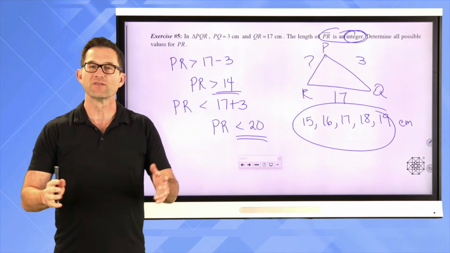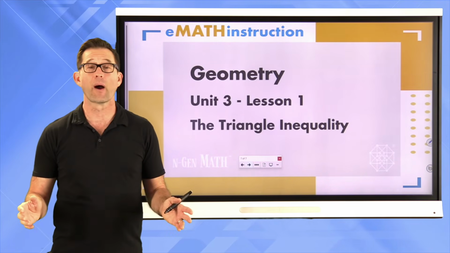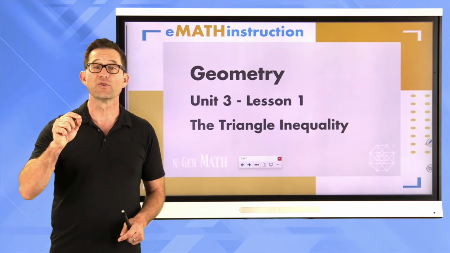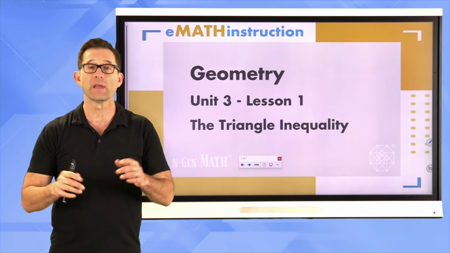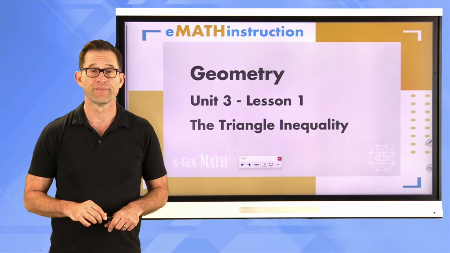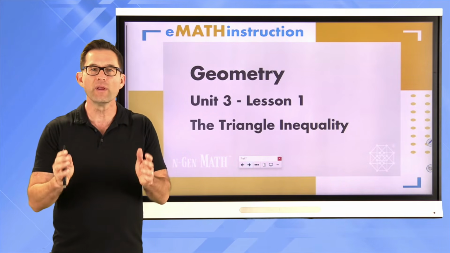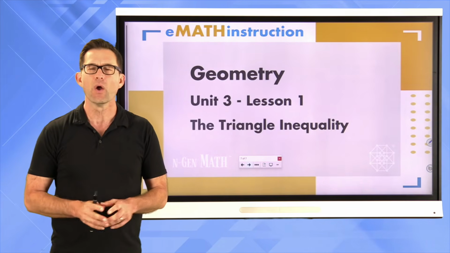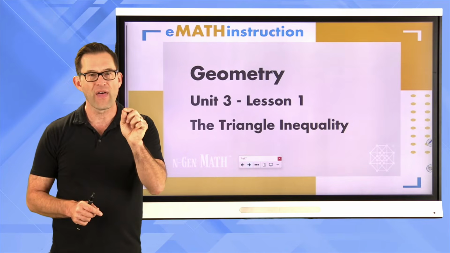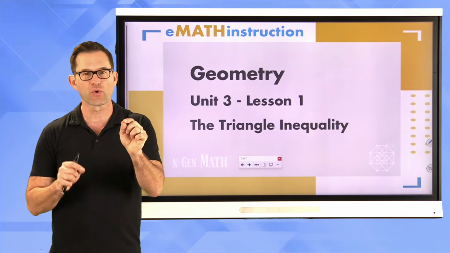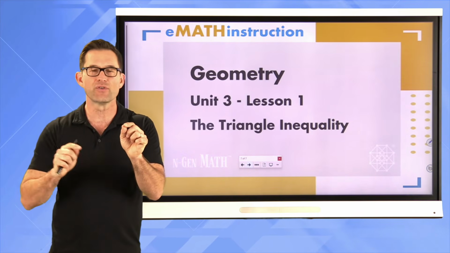All right, so let's do some summary. Today we really looked at an important property in space, which was that the shortest distance between any 2 points is equal to the path of the straight line segment that connects the two. Using that fundamental assumption, we can come up with a really cool fact about triangles, which is that the length of any side of any triangle must be smaller, shorter, less, however you want to put it, than the sum of the other two side lengths.